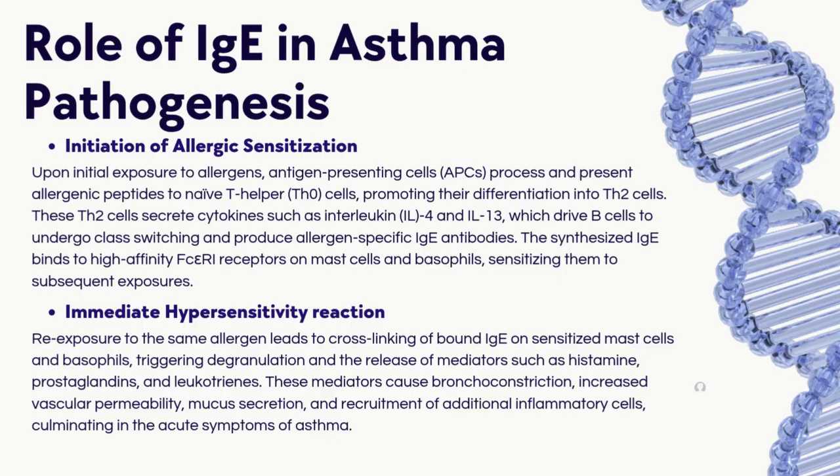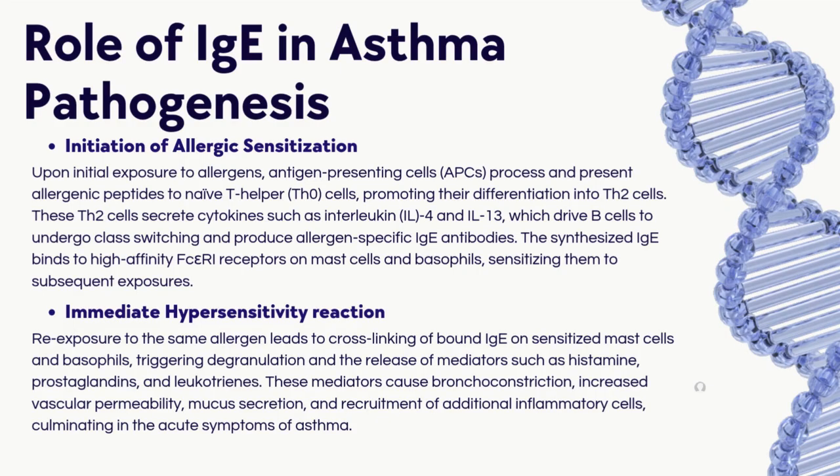Next, I will be explaining regarding the role of IgE in asthma pathogenesis. The first point will be initiation of allergic sensitization. Upon initial exposure to allergens, antigen-presenting cells (APCs) process and present allergenic peptides to naive T helper cells (Th0), promoting their differentiation into Th2 cells.